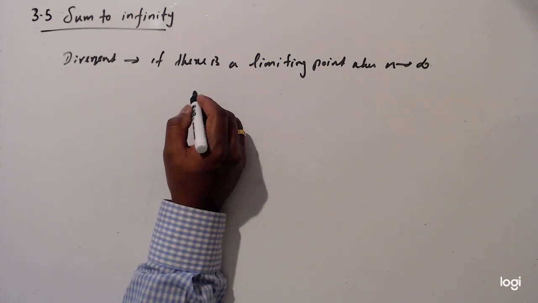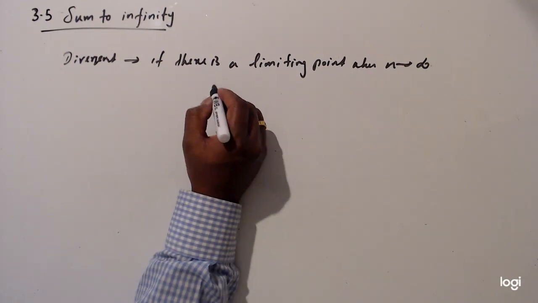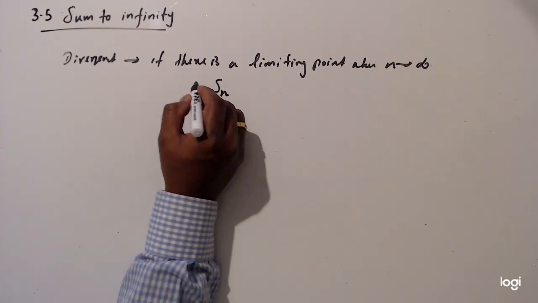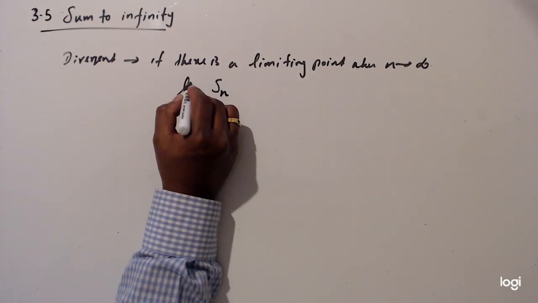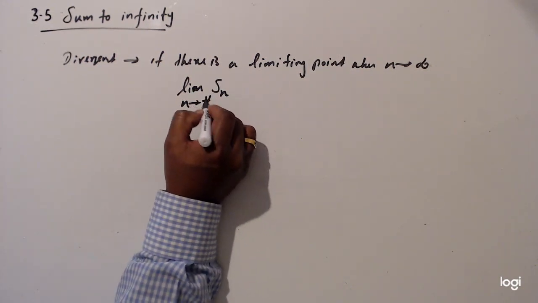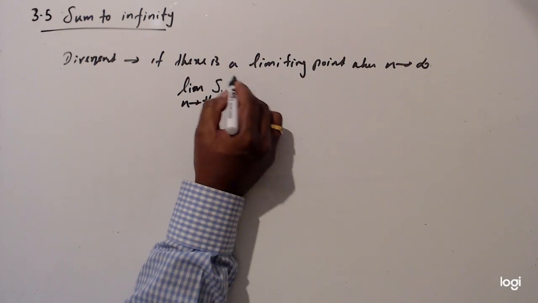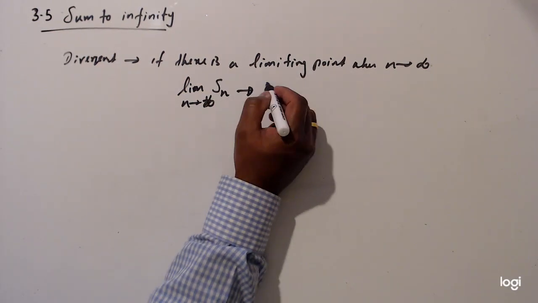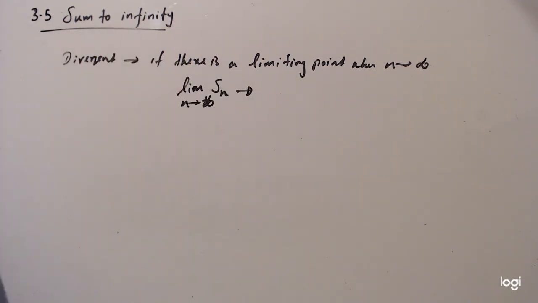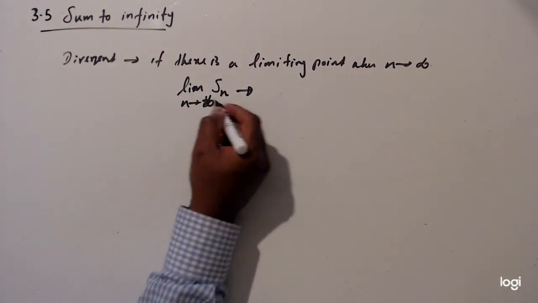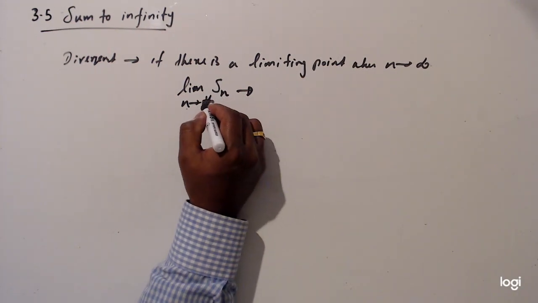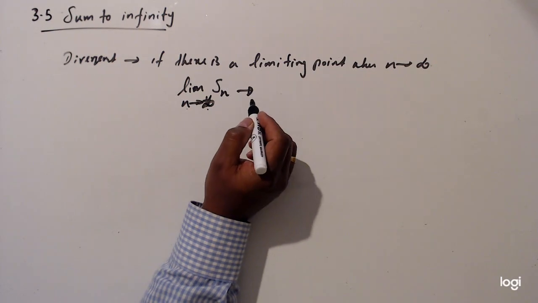We write it simply like this: what will happen to the partial sum when n goes to infinity.